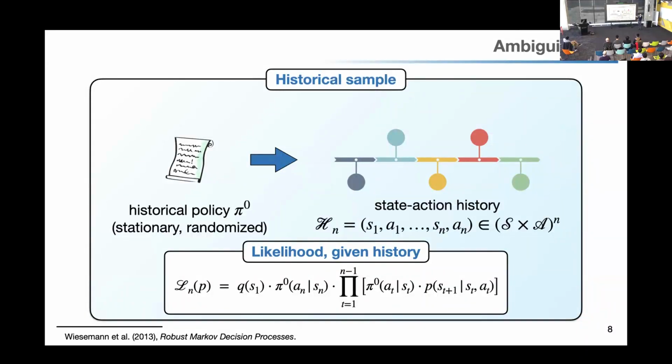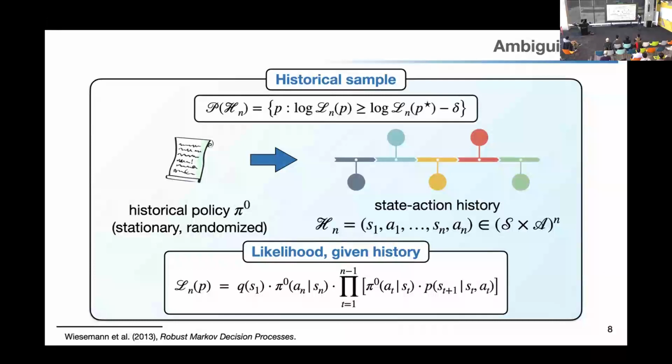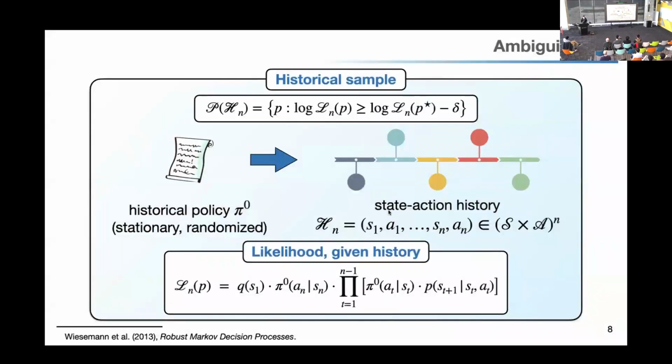Now, the maximum likelihood estimator would give us a point estimate for the transition kernel. But what we want is an ambiguity set of potential transition kernels. So what we will do is look at our ambiguity set. Oh dear, I pressed the wrong button. Sorry. Okay.